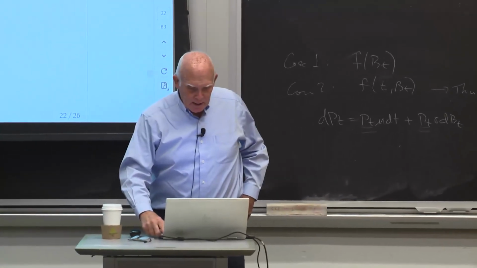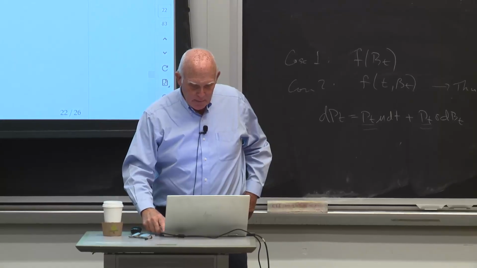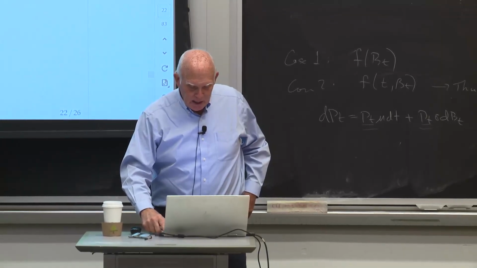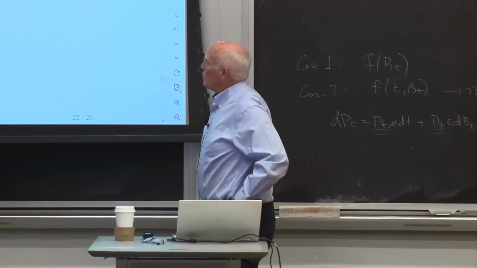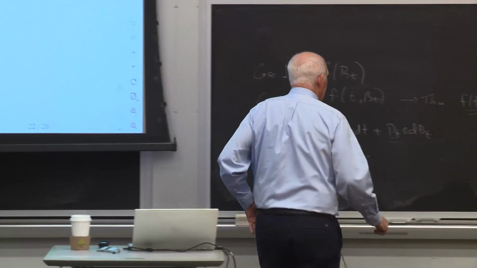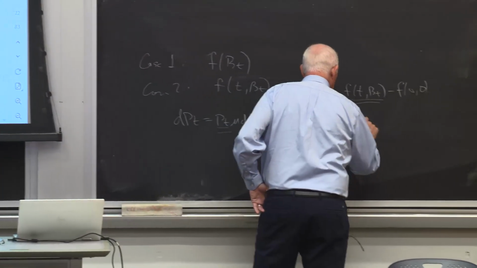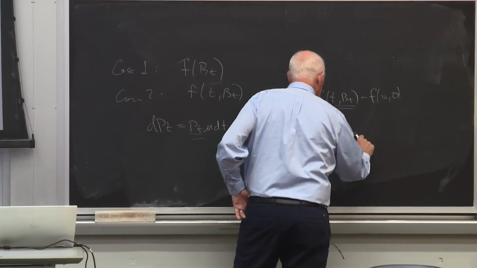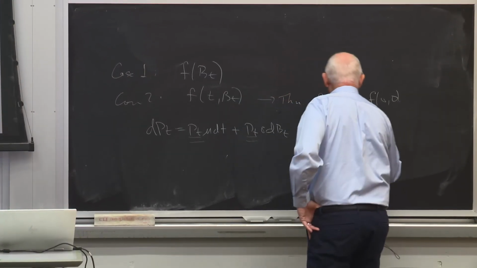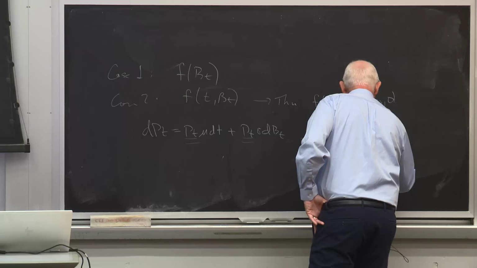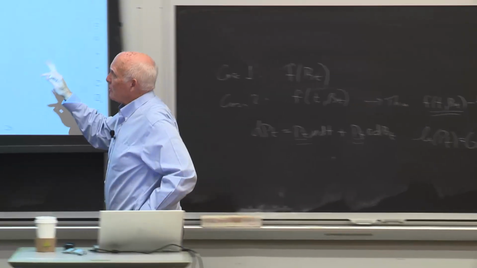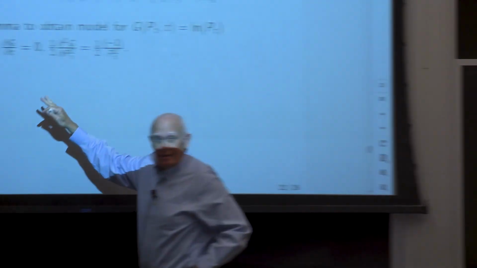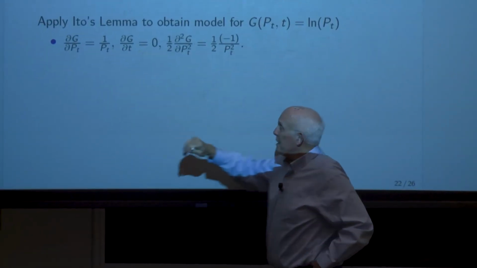But it's a little bit different. So with this geometric Brownian motion, if we apply Ito's lemma to the function log of Pt, so if we think of log of Pt is equal to g of Pt, then the partial of g with respect to p is simply 1 over p.